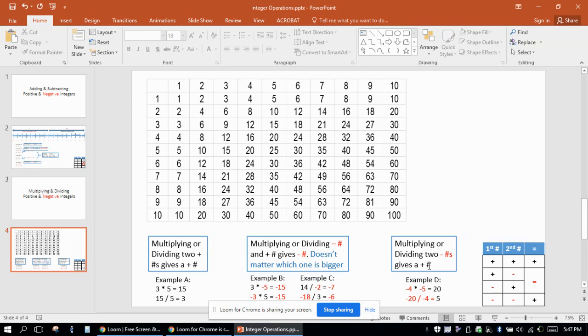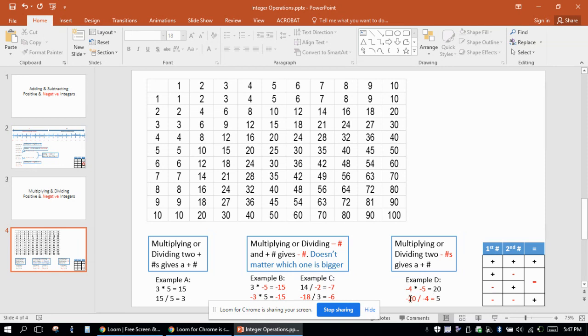So finally, let's take a look at what happens when you multiply or divide two negative numbers. In this case, when I multiply negative 4 and negative 5, it's still 20. But notice what happens. It looks like two negative numbers, when multiplied, give you a positive answer.